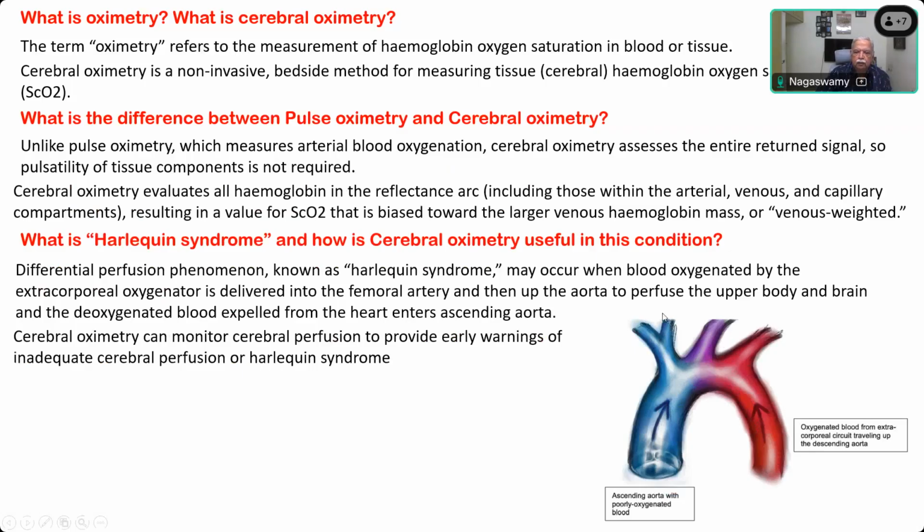So this will be perfused with the deoxygenated blood, which will also go to the cerebral cortex, and this partially mixed oxygenated and deoxygenated blood will go by the left common carotid. So in Harlequin syndrome, the cerebral oximetry will give you the cerebral perfusion depending upon the mixing that is happening.